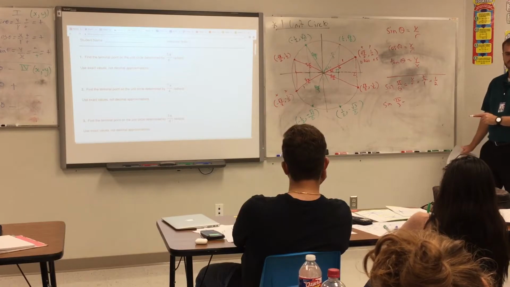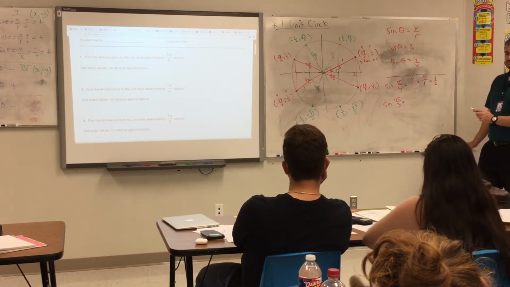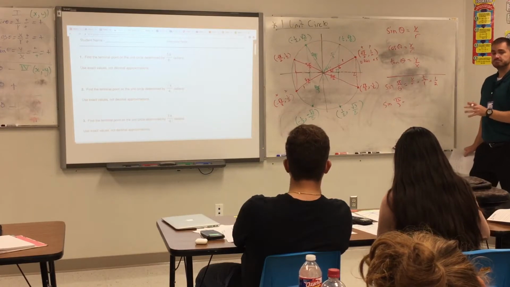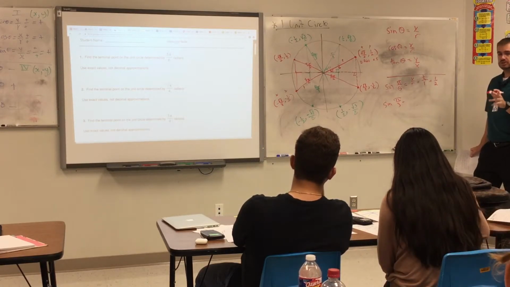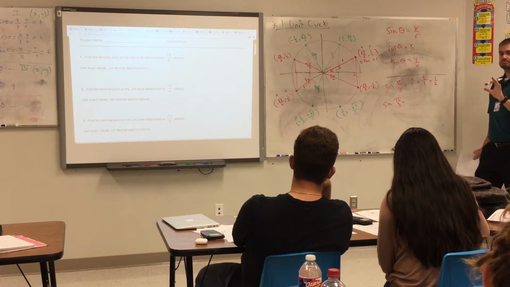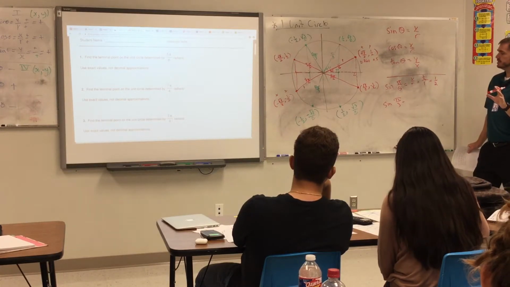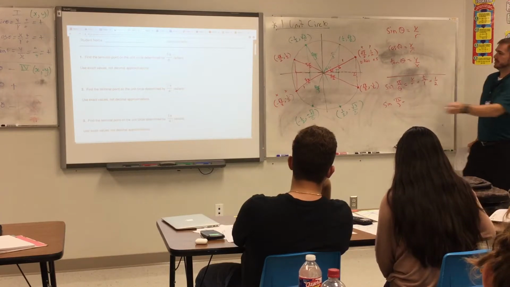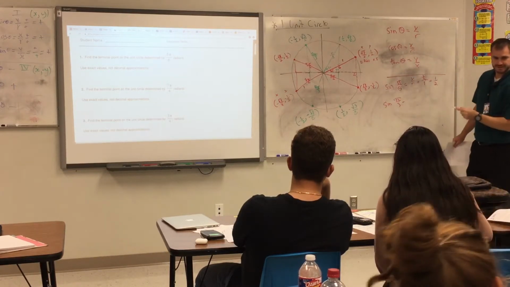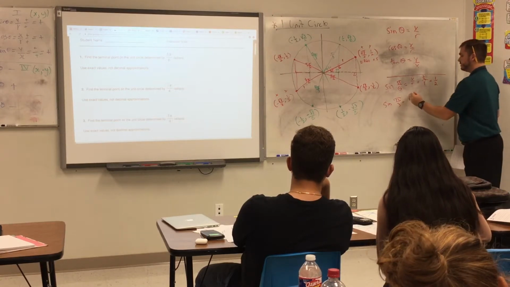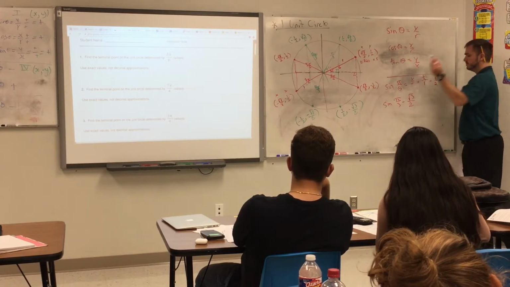Sine of pi over 3. Not sure? It is right there. It's the y value of that. So what is that y value? Root 3 over 2, or square root 3 over 2. That's it.